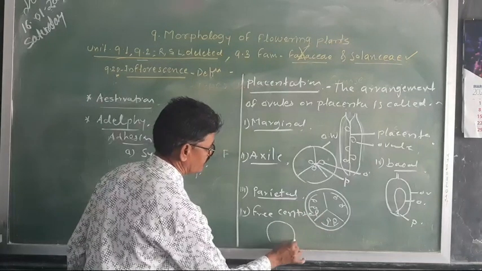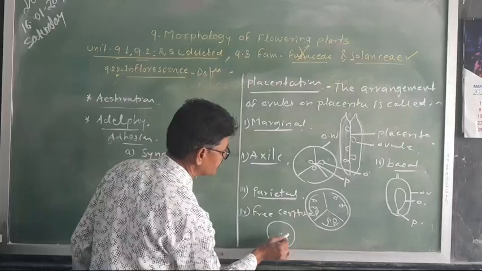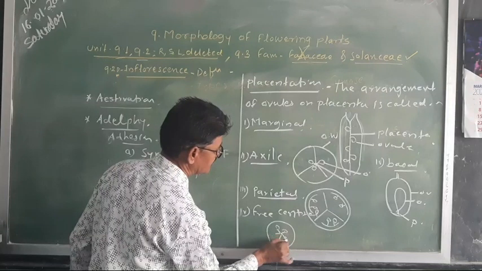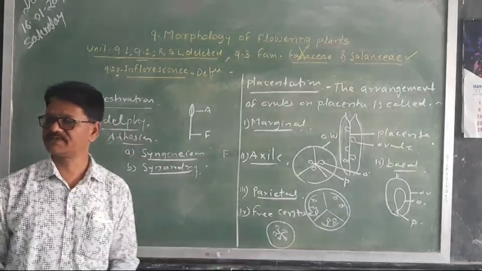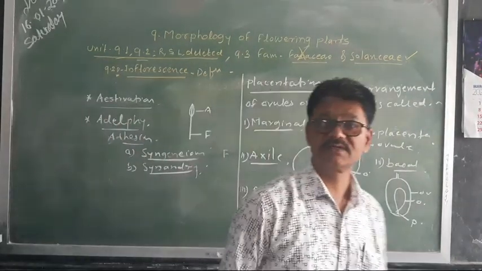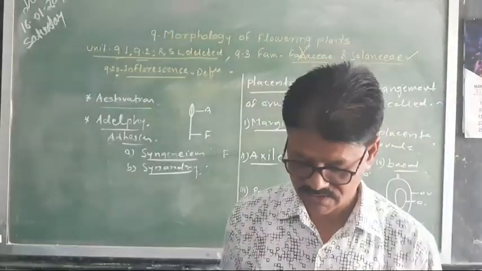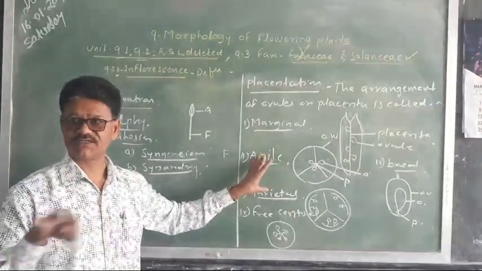In this ovary wall, at the center, the number of ovules get attached in this fashion, but do not form any axis. That is the free central. For example, pink commonly uses it. So we finish types of placentation.